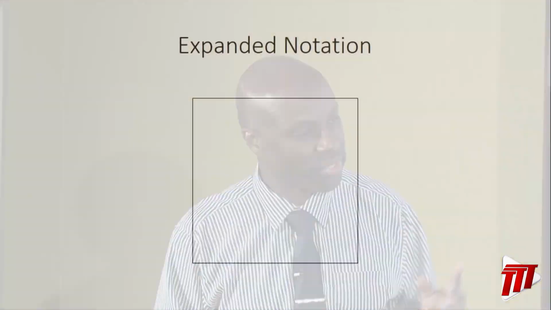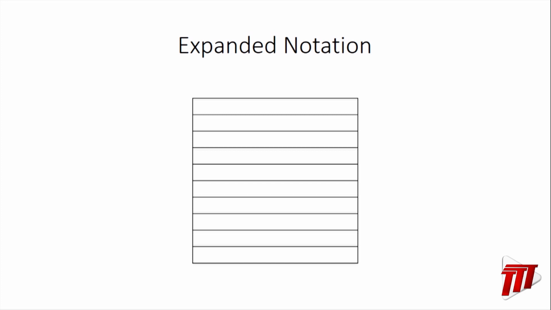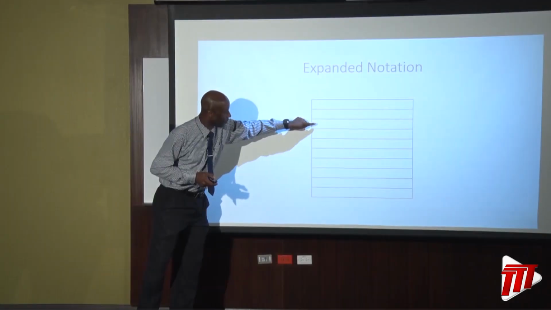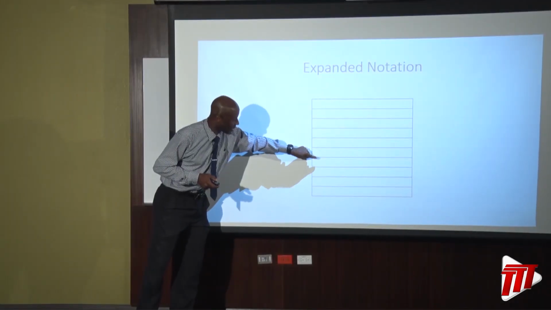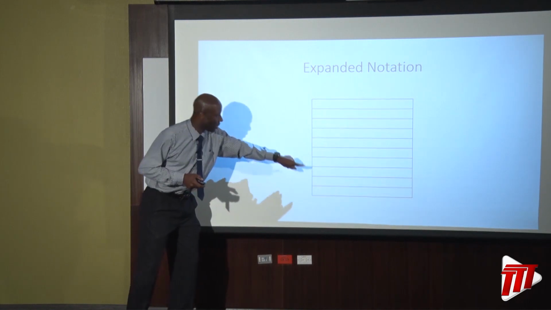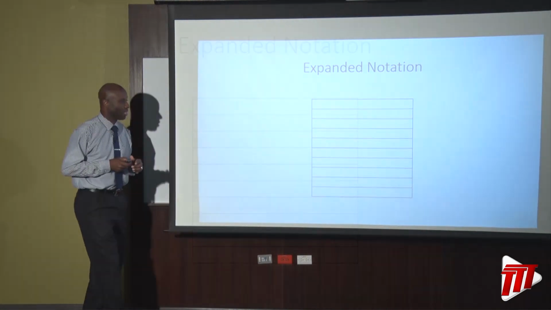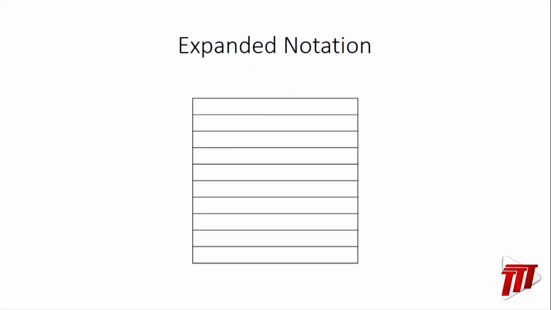So to represent 3/10ths, I'm going to divide the whole first into 10 equal parts. 1, 2, 3, 4, 5, 6, 7, 8, 9, 10. Each section is going to be 1/10. 3/10ths would be 3 out of 10 equal parts.